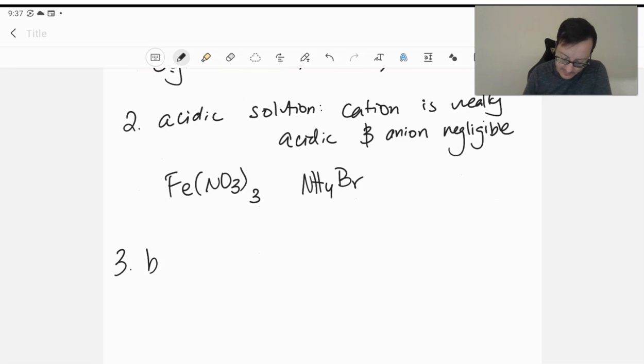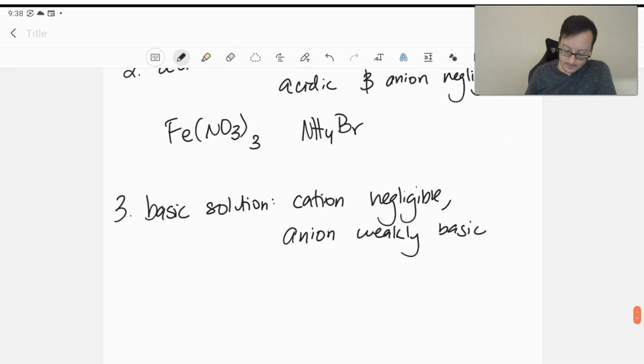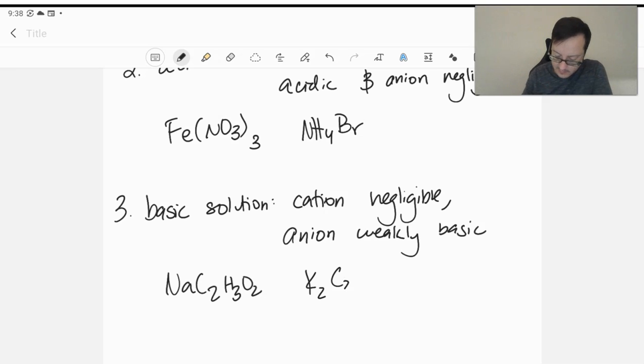Option 3 is we'll have a basic solution. In this case, it's the opposite. The cation is negligible, and the anion is weakly basic. For example, sodium acetate. Or how about potassium oxalate?